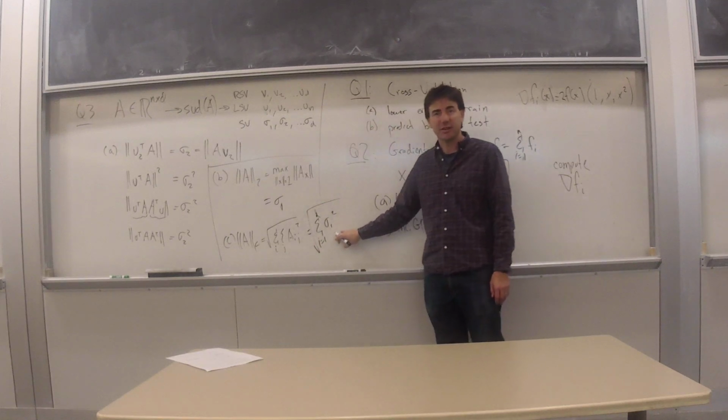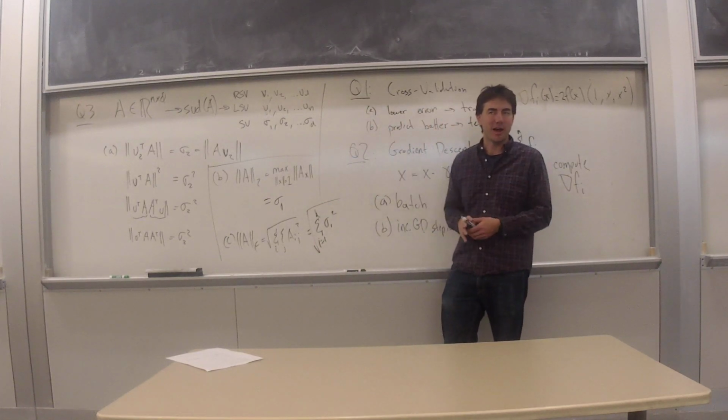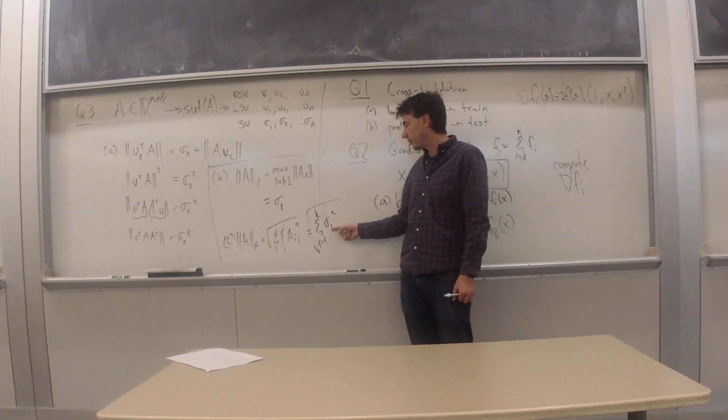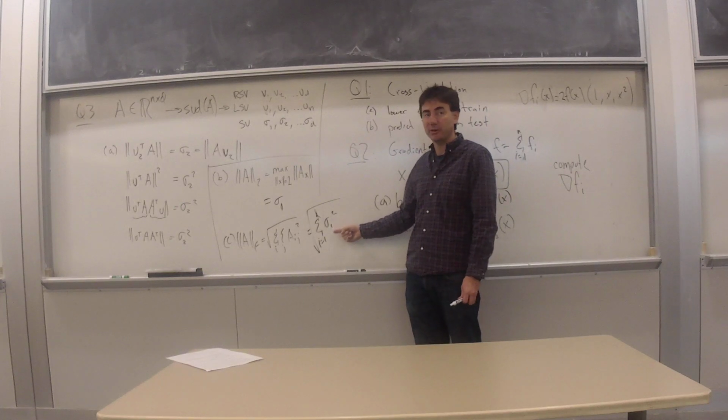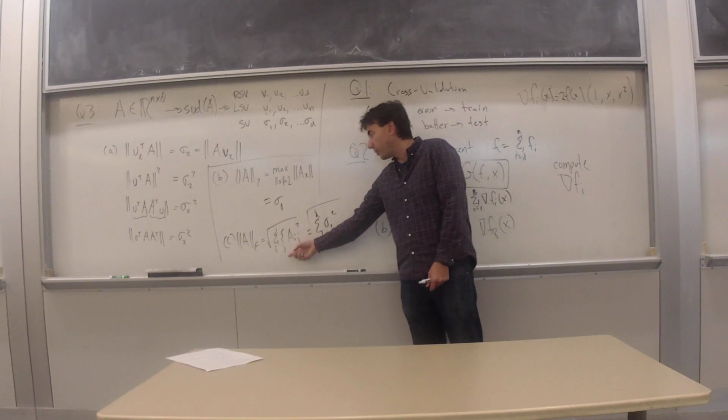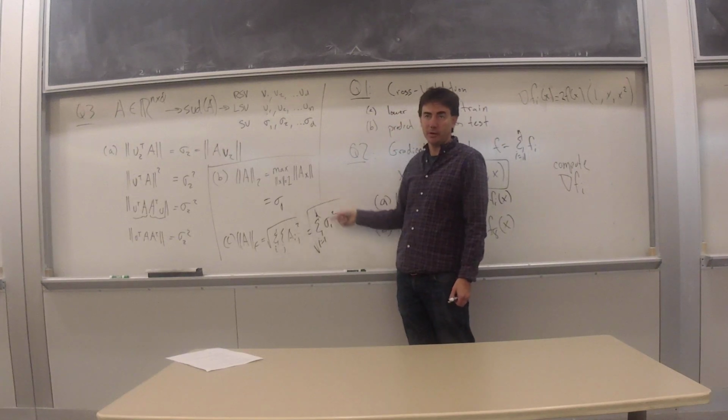It's just the sum of the squares of all the singular values, under a square root. This is capturing all of the components, while the spectral norm is just capturing the top one.